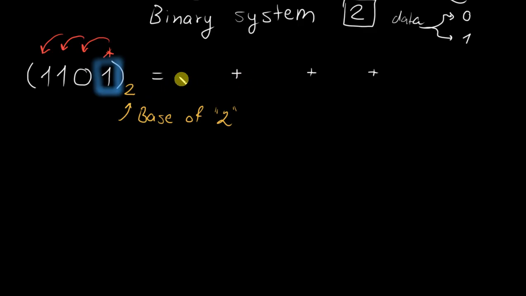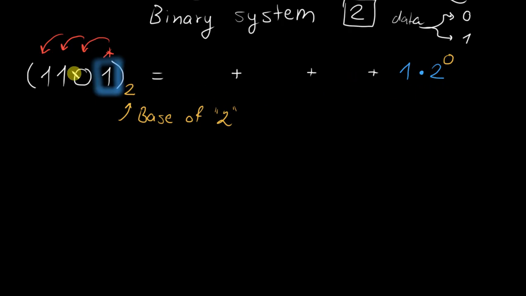We simply write it down all the way on the right. So that is 1 times 2, and the power is 0.